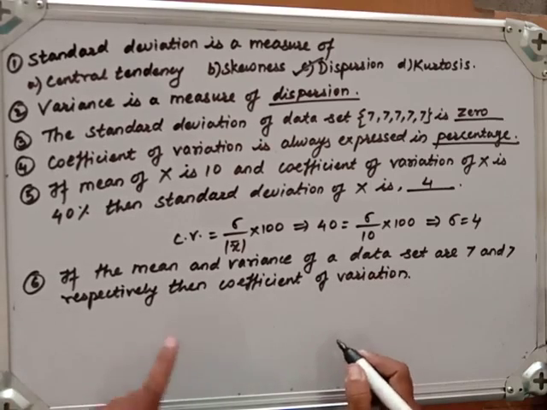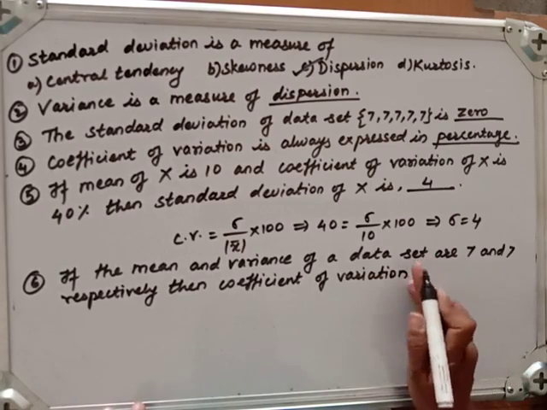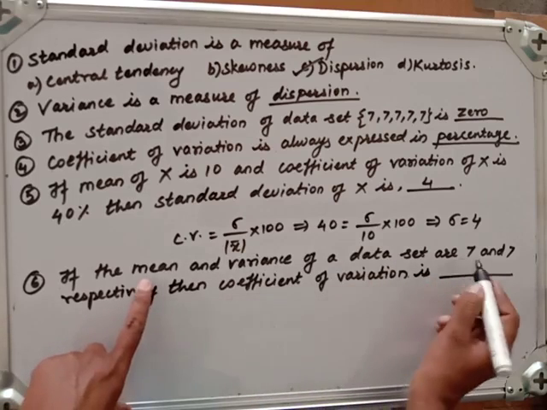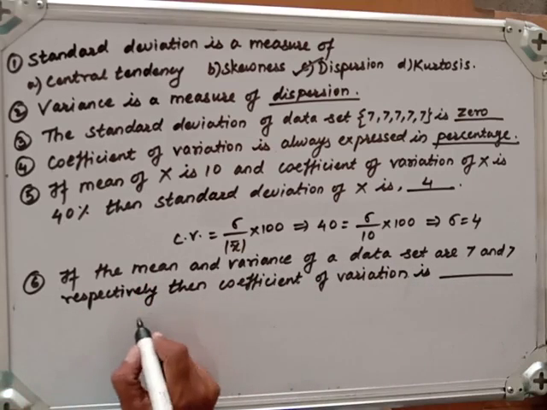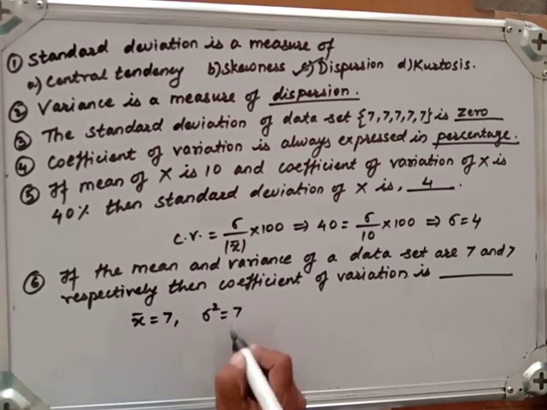Now let me write it as a fill in the blank here. Again mean is 7 and the variance is 7, which means X bar is 7 and variance, sigma square, is 7 is given to us.